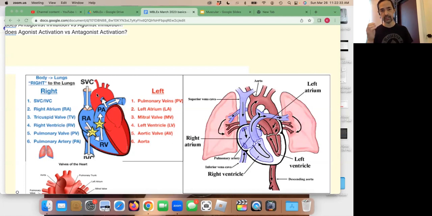Oxygenated blood into the pulmonary veins. Deoxygenated blood into the vena cava, superior, inferior vena cava. Pulmonary vein, left atrium, mitral valve.